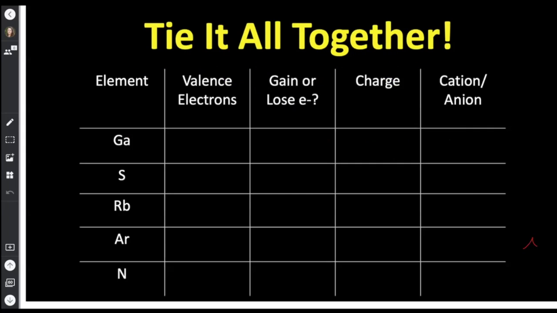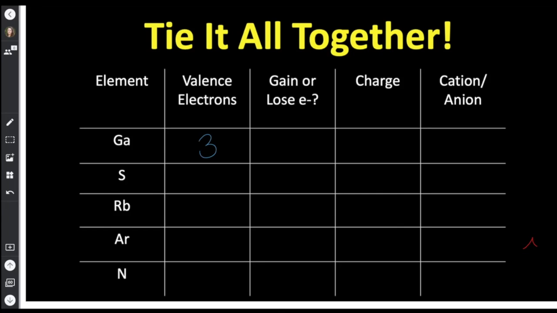So in your sheets, you should see this. Let's take a second and practice our valence electrons and their charges. All right, gallium. Again, we have how many valence electrons with gallium? 3, because it's in what group? Group 13, yes.